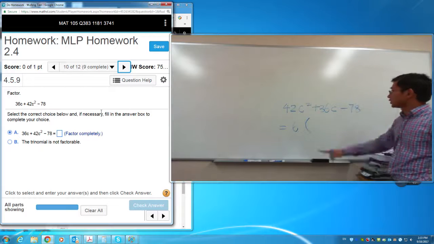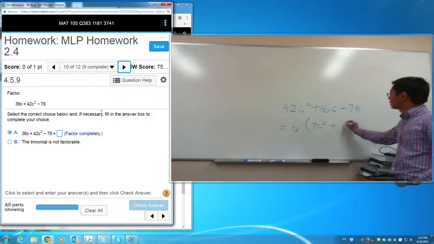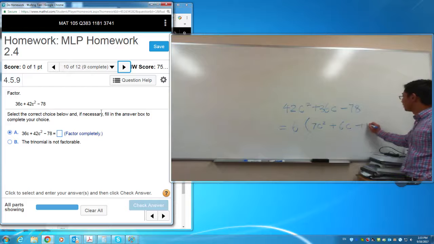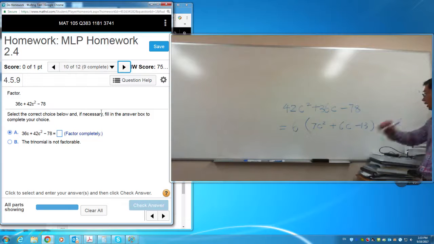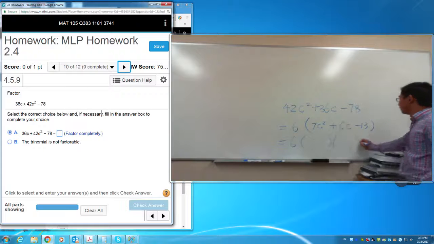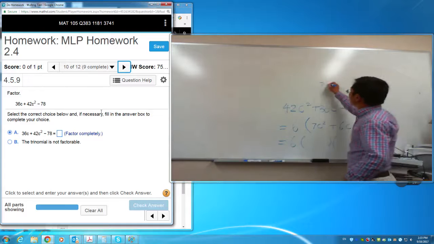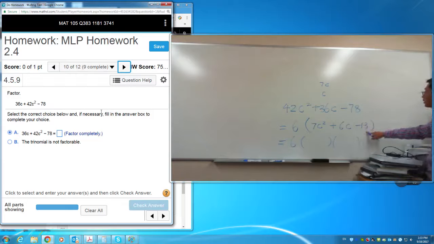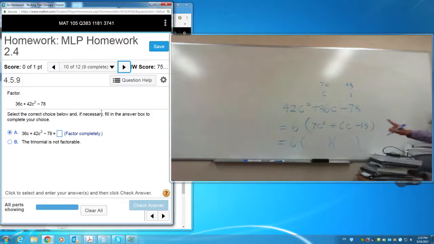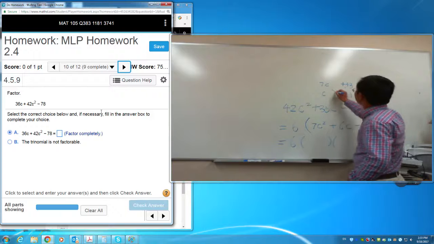Okay? So 6 factor out, 7c squared. 6 factor out, 6c. 78 divided by 6 is minus 13. Now we factor it. 6 times, factor the first one, 7c and 1c. Factor this one, 13 and 1. Since the middle number is positive, I want to put a positive on the 13, negative on the negative 1.